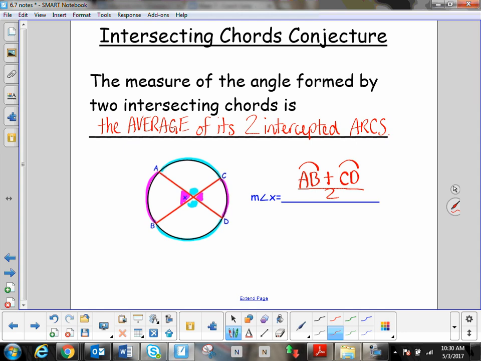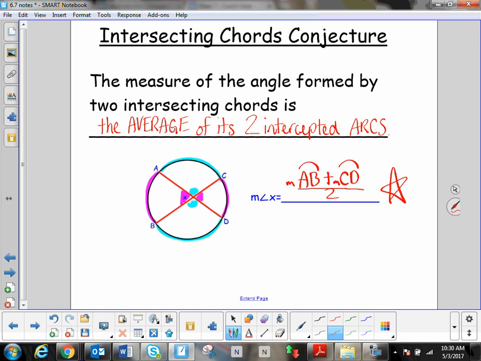So AB plus CD, and again, these are measures, and you want these in degrees. If you have to find length, you just find the degree and then find the length with that formula. So remember this formula for this type of picture here, the intersecting chords conjecture.